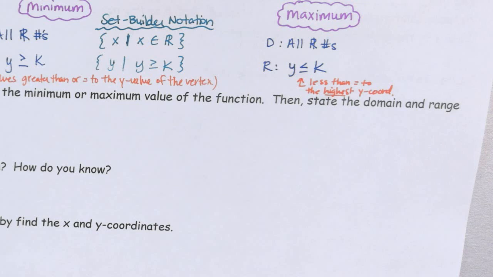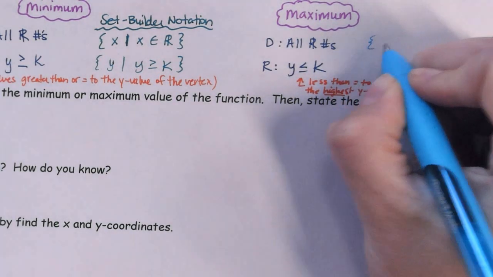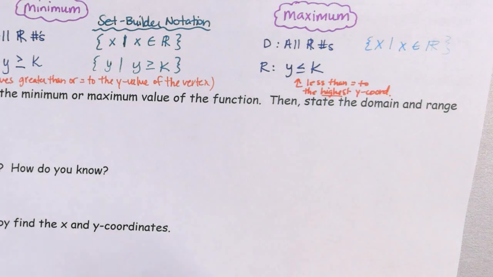You can try that for me, both of them. Okay, so this is X such that X is an element in the set of real numbers.